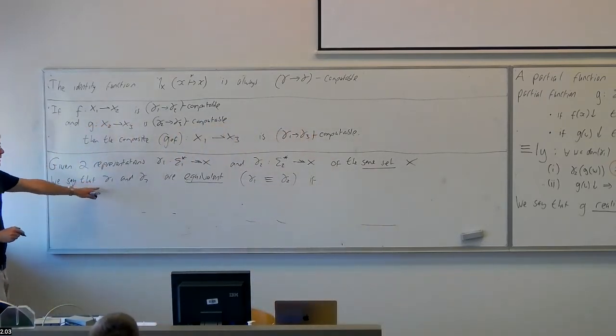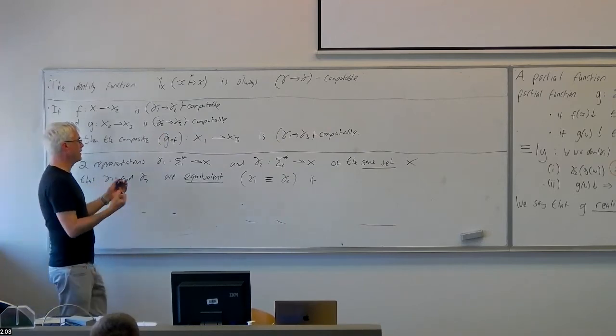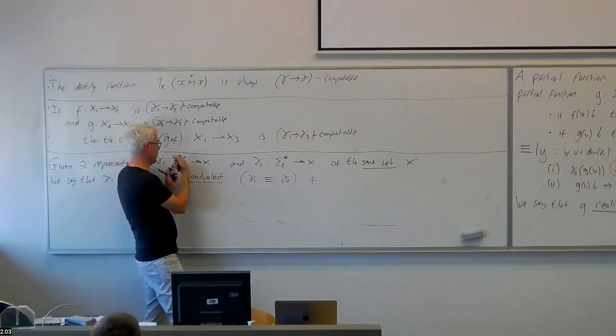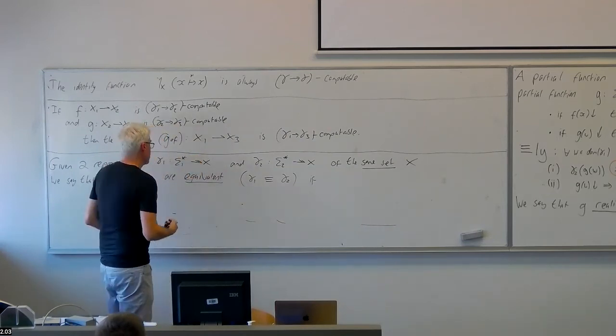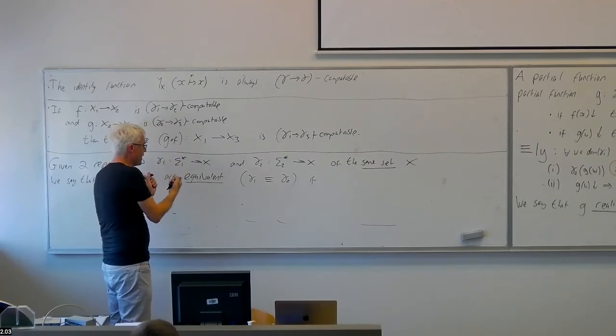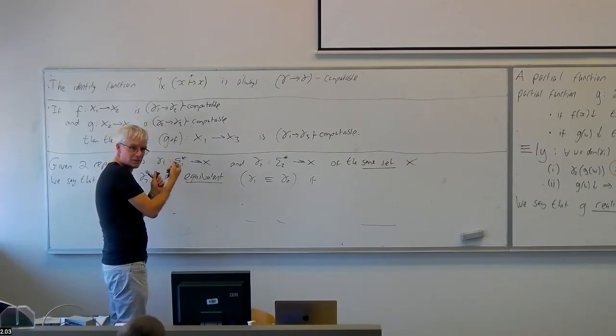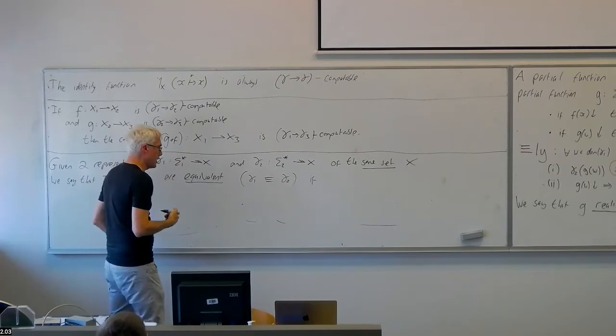So what does it mean to be equivalent? Well, equivalent means we can computably convert one representation to the other and back again. We now have a very easy way of saying that. Computing a representation, we leave the element that we're representing unchanged if we're converting one representation to the other.